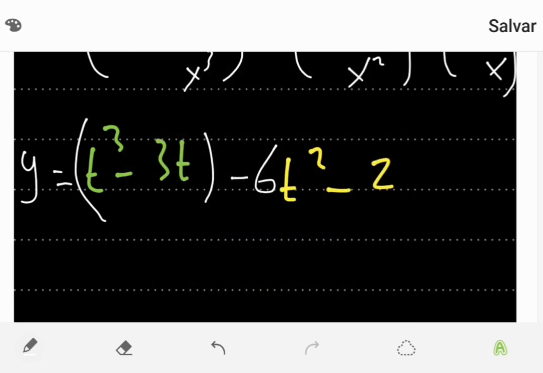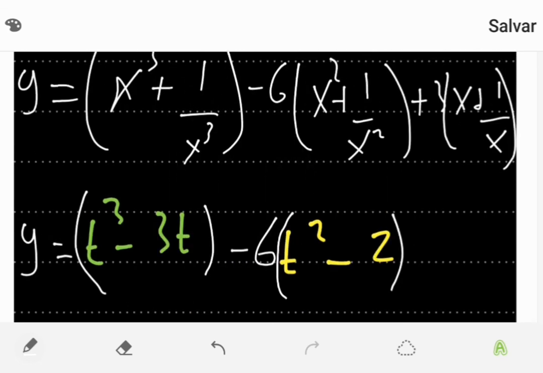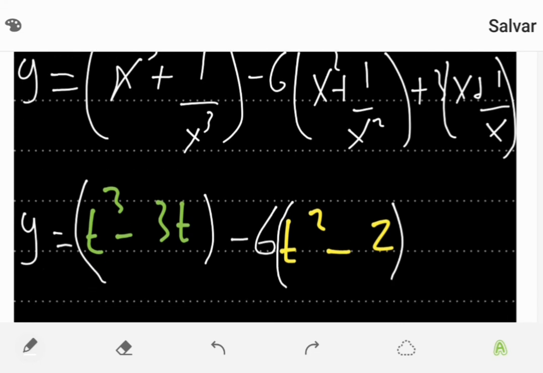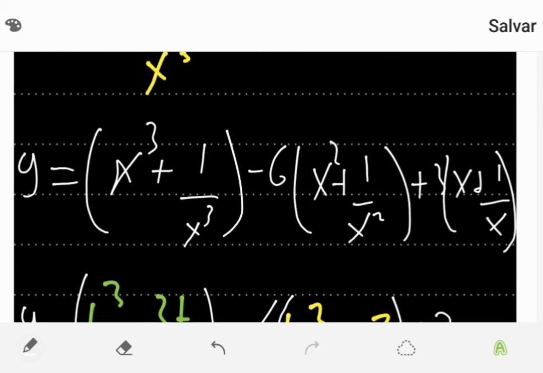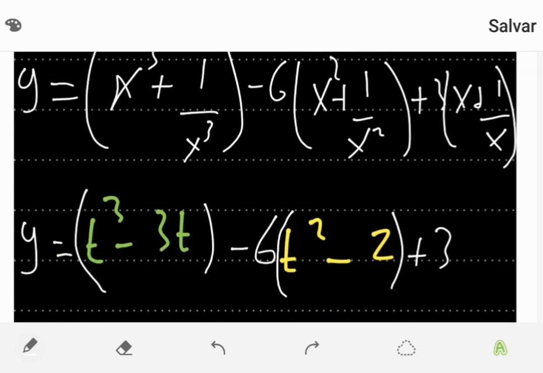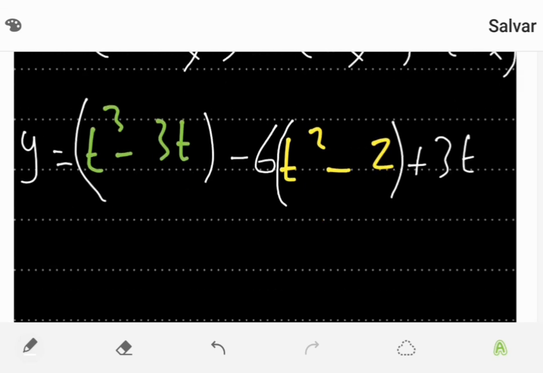And here we have a parenthesis, right? Plus 3 multiplied by this. Now this is the easy one, right? Because this is what he told us. He told us that x plus 1 divided by x is t. So now we have everything in terms of t.